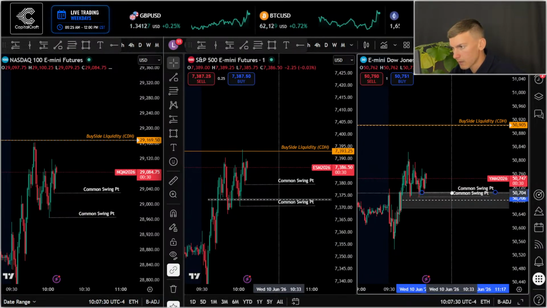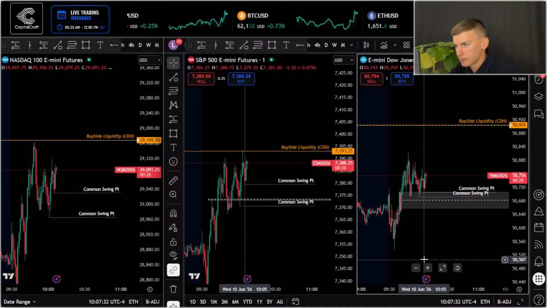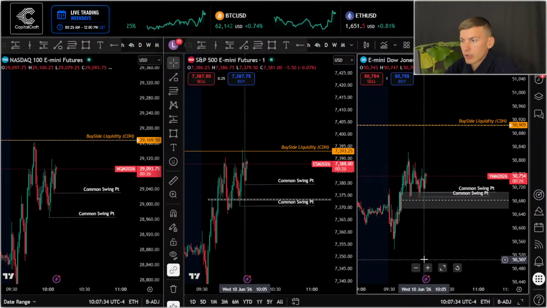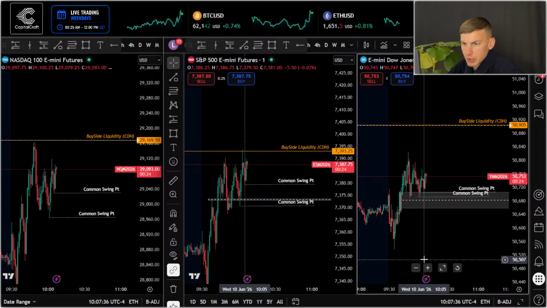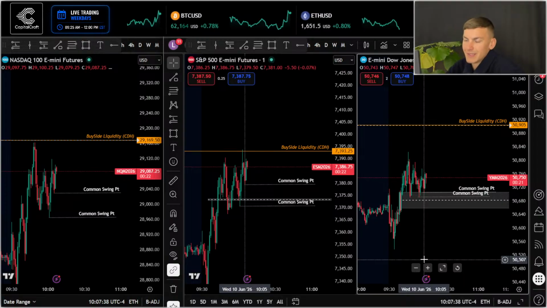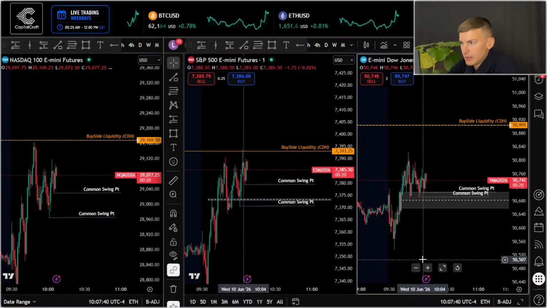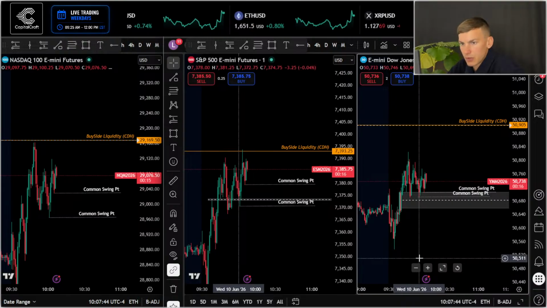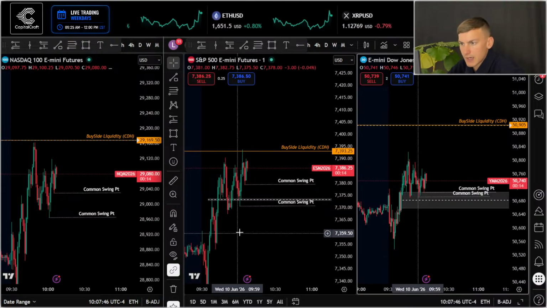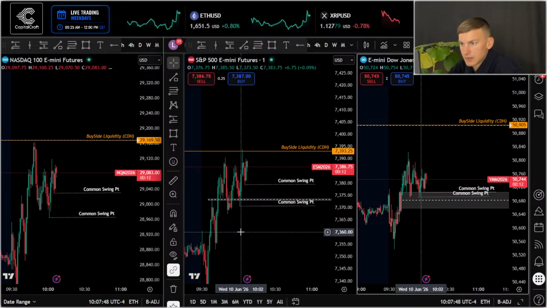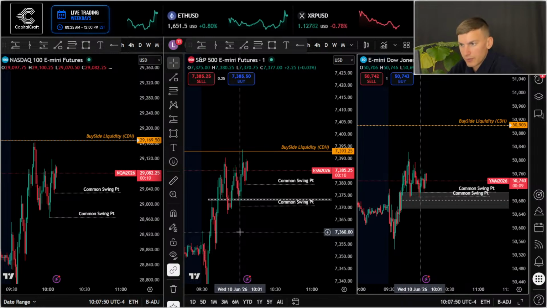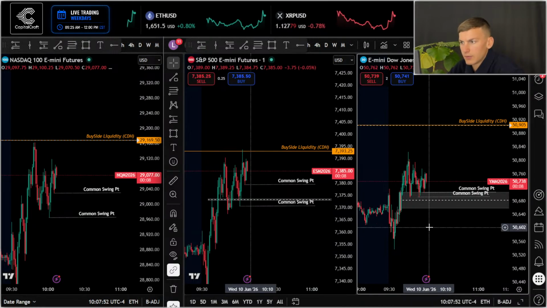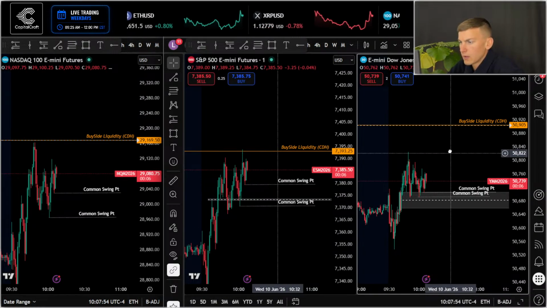Alright. So the common swing that I'm talking about now, the newest one that has just formed, is at 10:05, right? Then the previous one that I'm looking at is either at 10:00 or 10:05, completely dependent on which pair you're looking at. On the Nasdaq, it is not 10:05, it's 10:01. Sorry, I forgot we were on the 5 minute time frame.